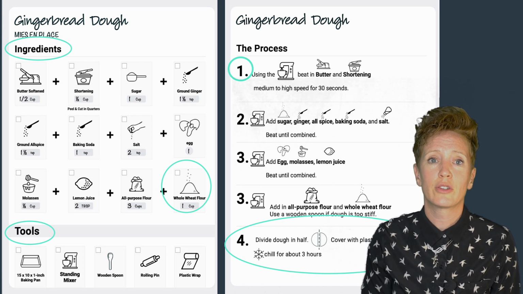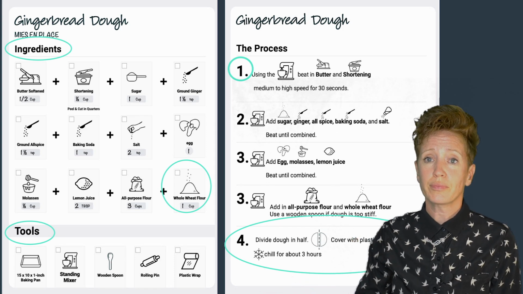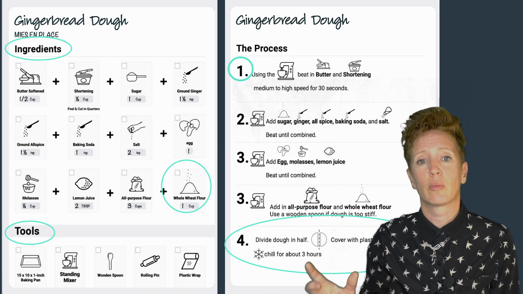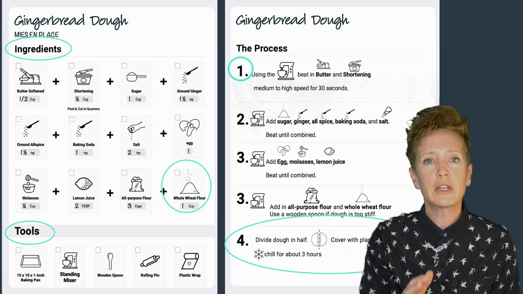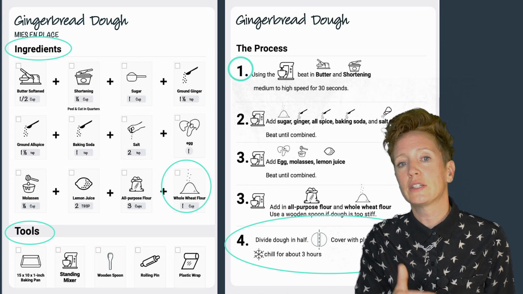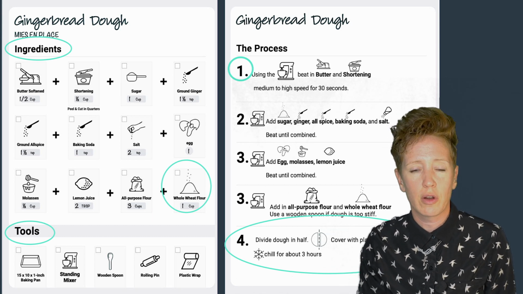For complex recipes or steps, you can embed more tools and replace some of the language in the process with the icons. We also make sure we have checkboxes for each step. That way, students are constantly thinking through their executive functioning skills.